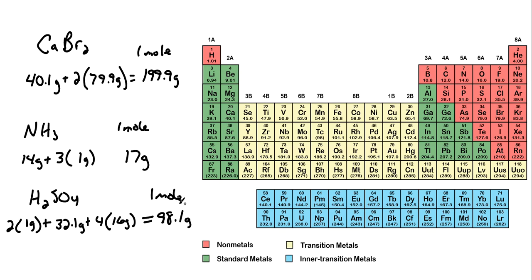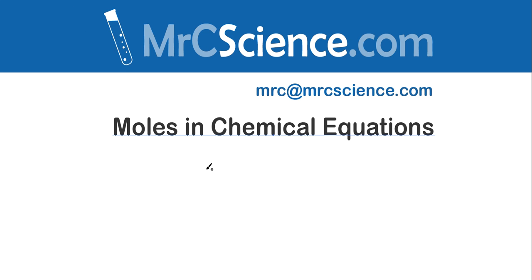Okay, so let's see how these relate, so we can use this in our equations. Let's pull in a chemical equation here. Let's go back to our old equation. Let's take our methane, CH4, and do a combustion on it.